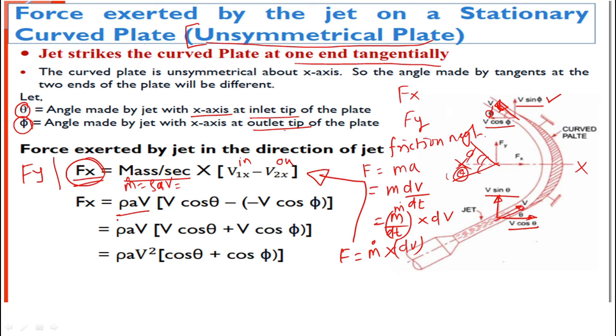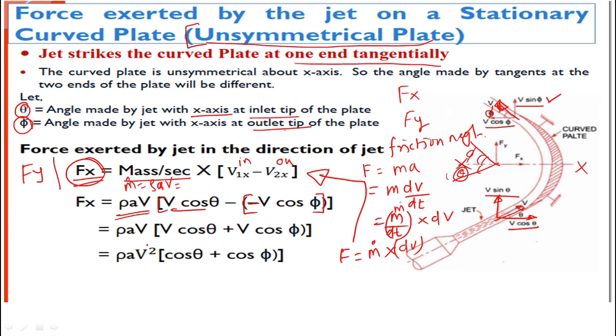This is multiplied by the initial velocity in the x direction, v cos theta, minus the final velocity in the x direction. The final velocity in the x direction is v cos phi, but the direction is opposite, that's why the negative sign is there: minus v cos phi.